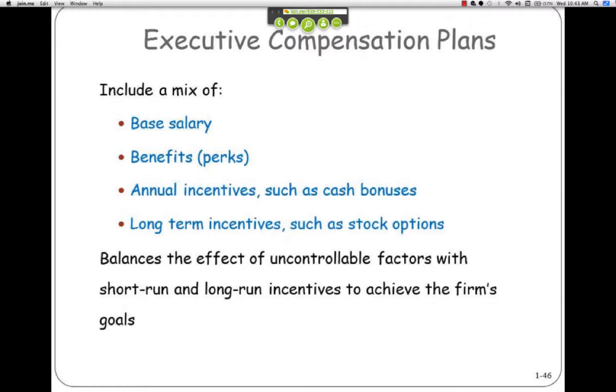If the company does poorly because the economy was bad, your bonuses and your compensation is not going to do as well. It's outside of your control, but that's just the reality of the business world. So you try to make it as based on controllable factors as you can, but it can't all be controllable based, and you need to balance short-term and long-term incentives.